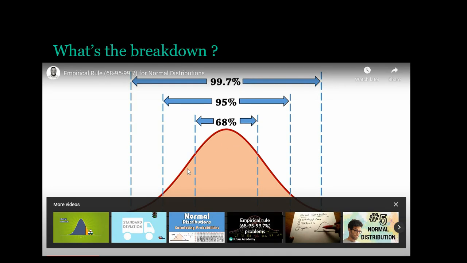What I want to point out here is he is shading under the area, and that's how we typically look at normal distributions and what we have going on here.